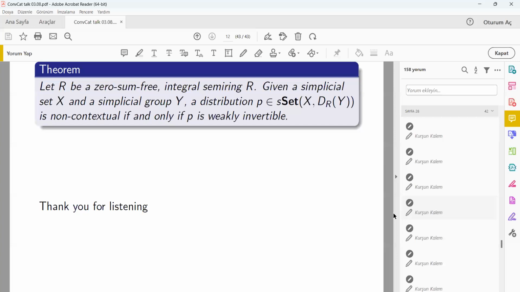Thank you for the talk. This story about distributions on sets that you then lift to distributions on simplicial sets, I'm just wondering, does this work if you're replacing sets with, say, measure spaces or some other structured category?